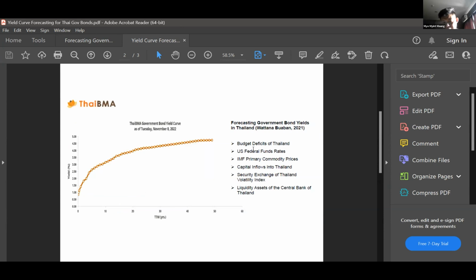Like the budget deficits, I can get from the national accounts, possibly by the Bank of Thailand, and then the U.S. federal funds rates. There are also historical data sets available on the net, and the IMF also has the primary commodity prices data set. As for the other data sets, I haven't researched in detail yet, but according to the dissertation, they are all available from public data sets.